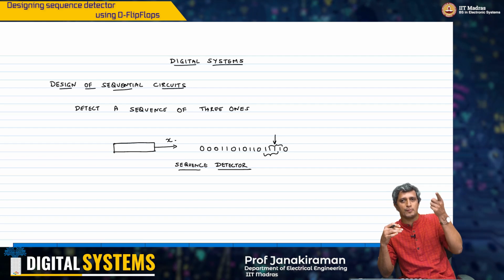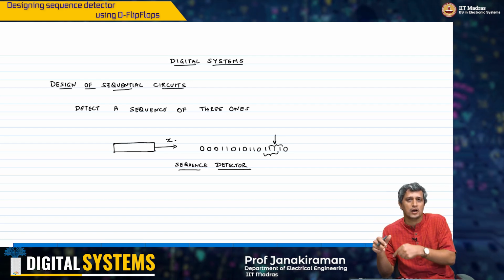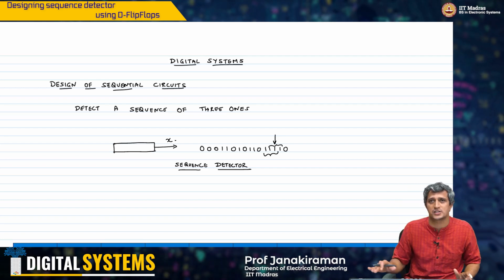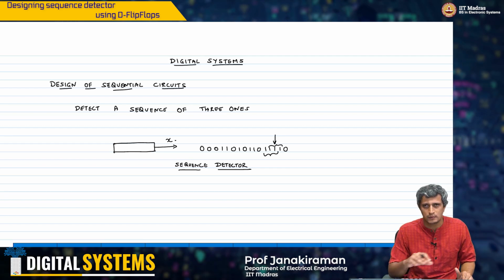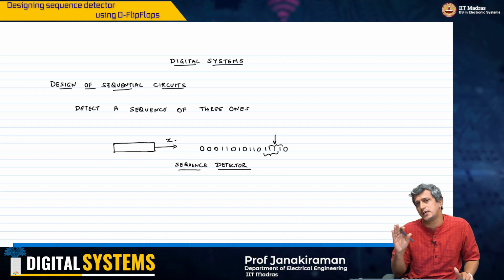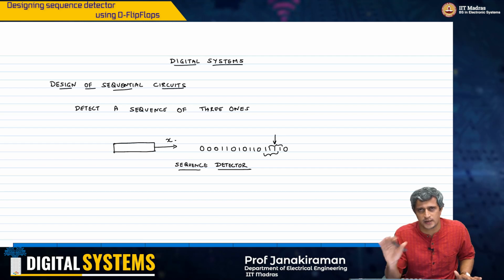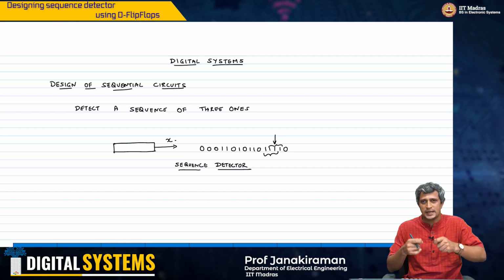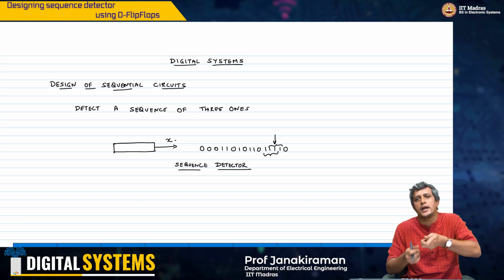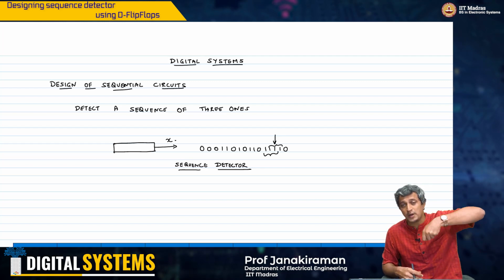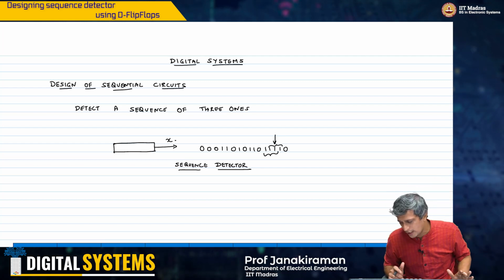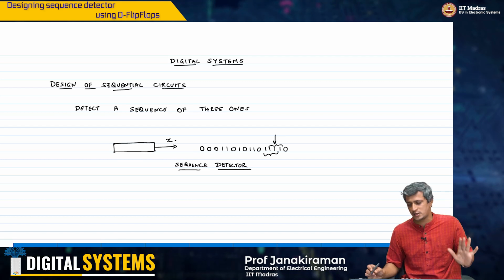The input that came earlier, I need to keep track of that. And therefore, this kind of functionality cannot be achieved by pure combinational circuits. Because when the next one comes, you have no idea if the previous input was a 1 or a 0. You have lost that state in a combinational circuit.